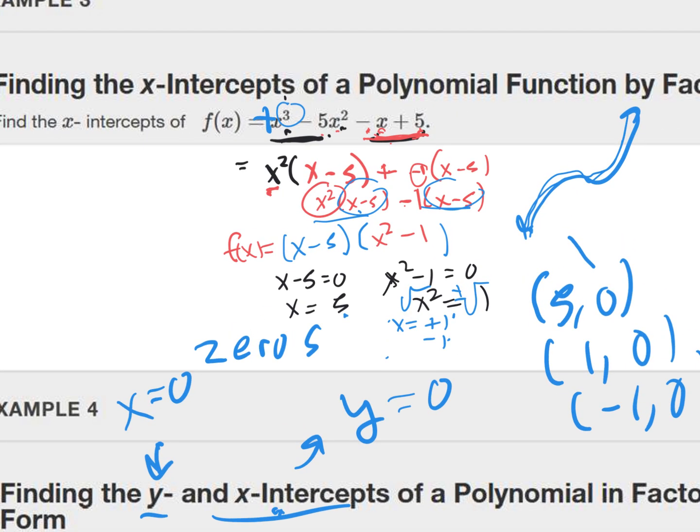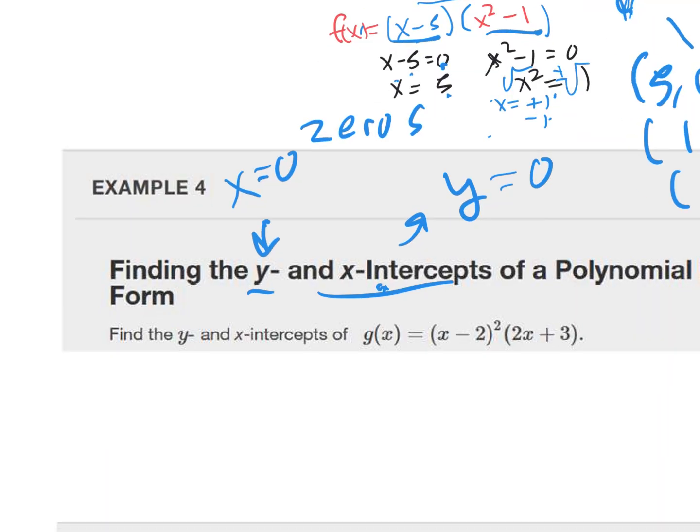I wrote f of x equals this, and then I factored it. But in reality, I let the whole thing equal 0 when I did this factoring. So it is equal to 0 because I only dealt with this term and this term. So I was ignoring the 0. Right here I said x minus 5 is 0, so I was setting it equal to 0.